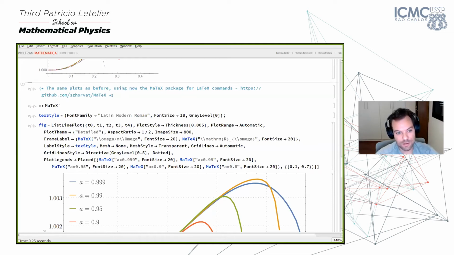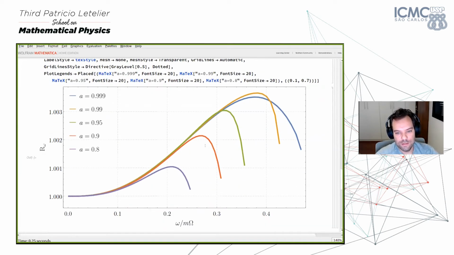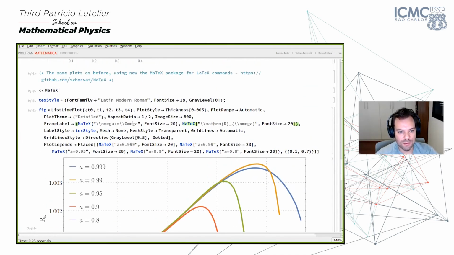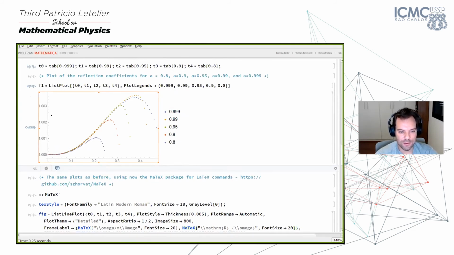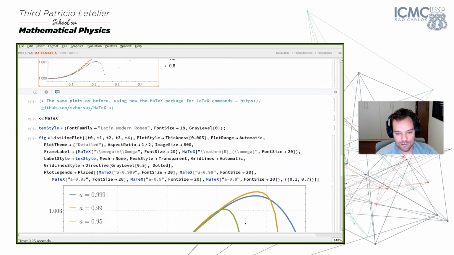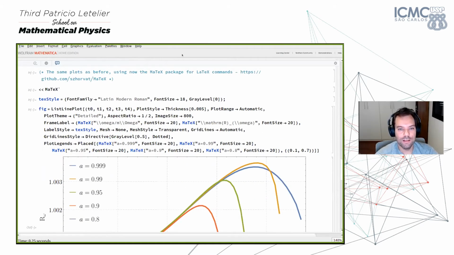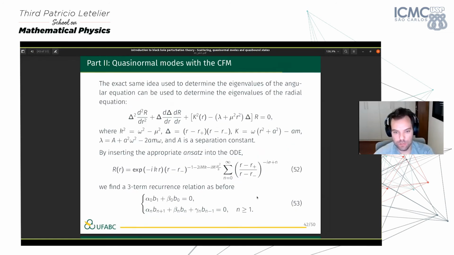It's explained here. It's just for the LaTeX notation, but if you don't want it, you can just plot it directly in Mathematica, and then you get something like this. You can also put the legends here as well, but anyway, let me go back now.